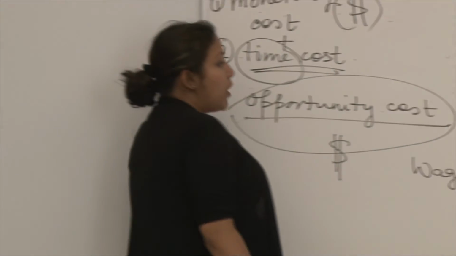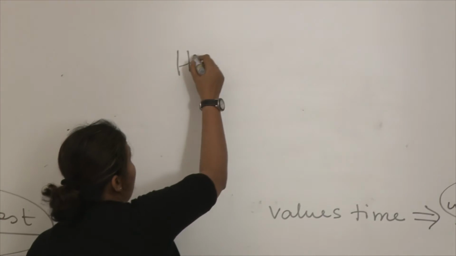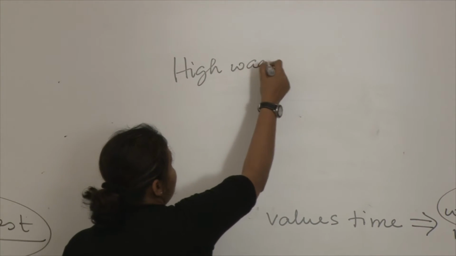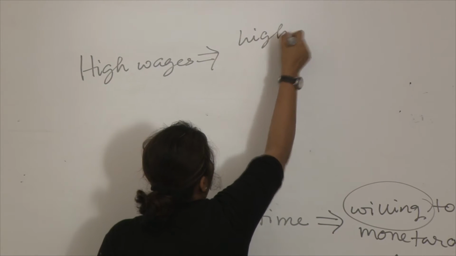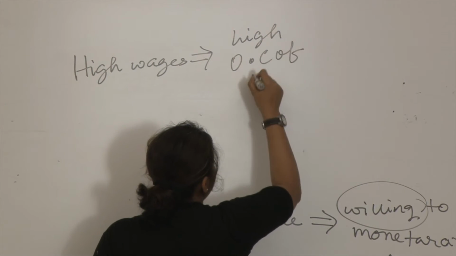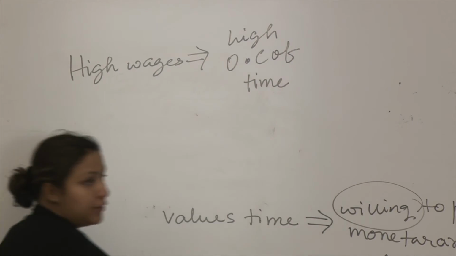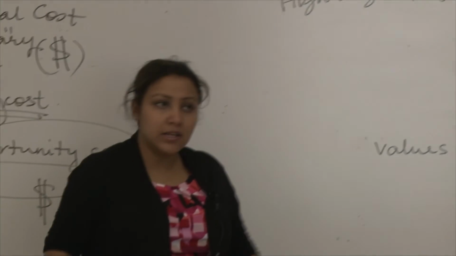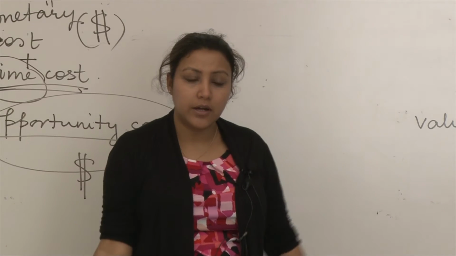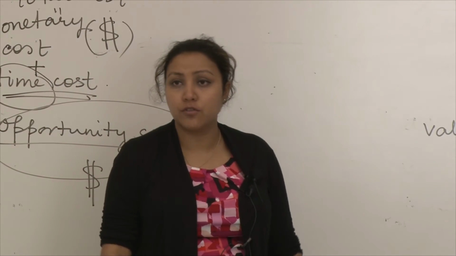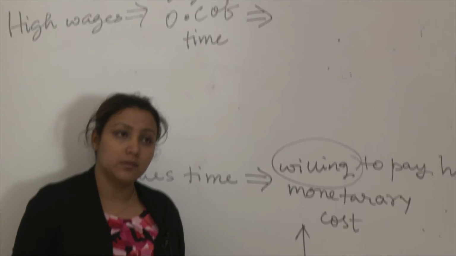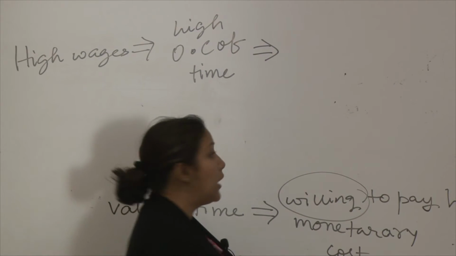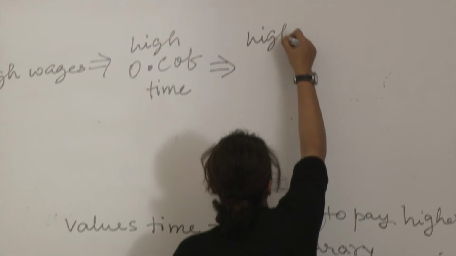So that means a person having high wages has a high opportunity cost of time. If he waits in the doctor's office, then he gives up more of his wages, right? So there is a high opportunity cost of his time. If there is high opportunity cost of this time, then will he value time more or less? He will value time more, so higher value for time.